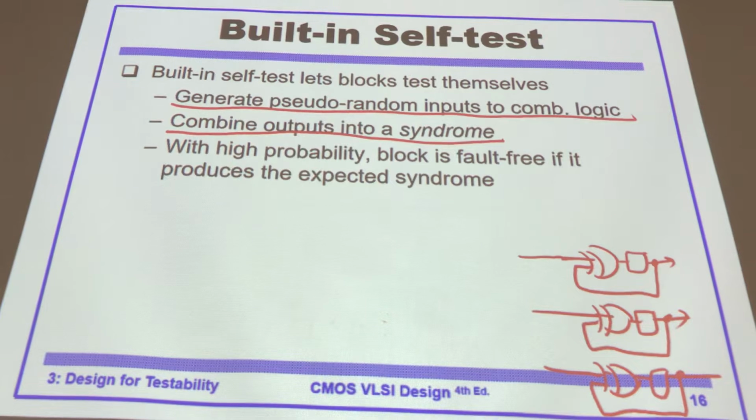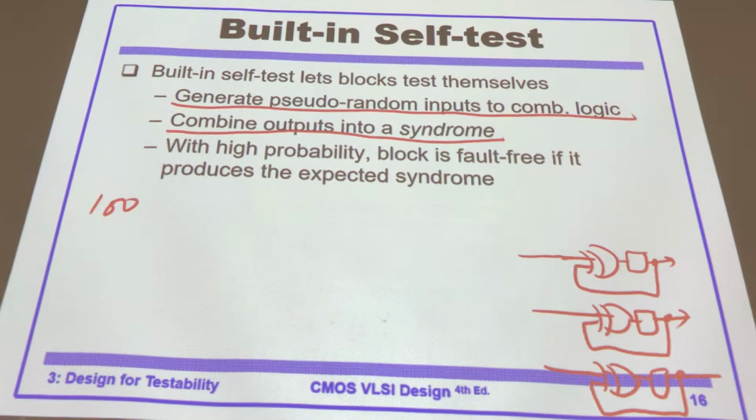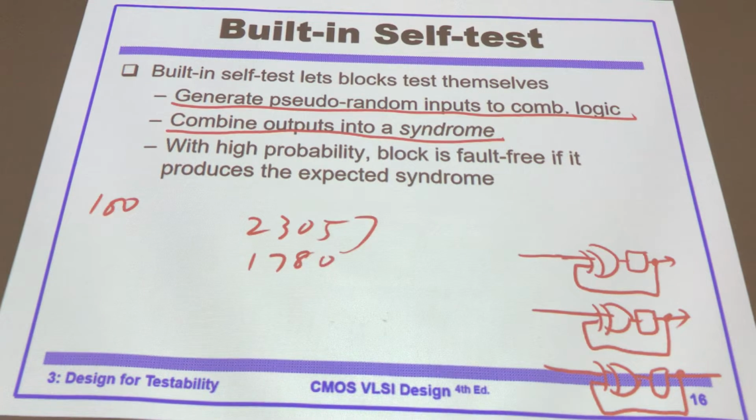Okay, for example, there are 100 people. Each person has an ID, right? And the ID is 2, 3, 0, 5, 7, something like that. Another person, 1, 7, 8, 0, 9. Another person, 4, 0, 4, 8, 1, and so on.